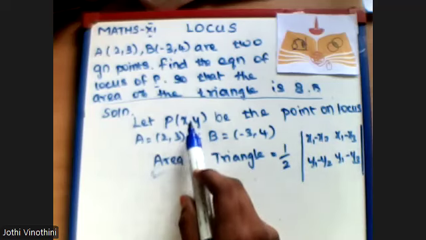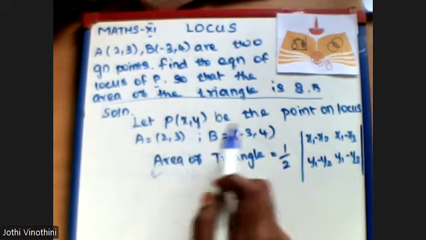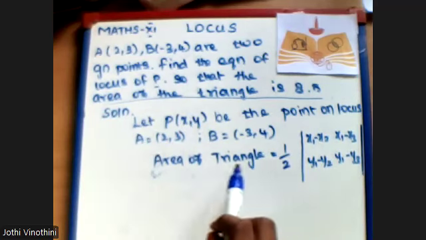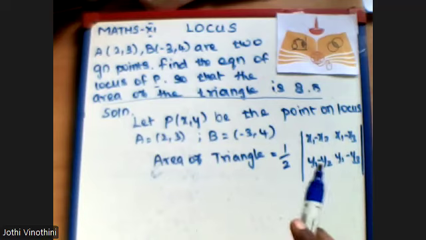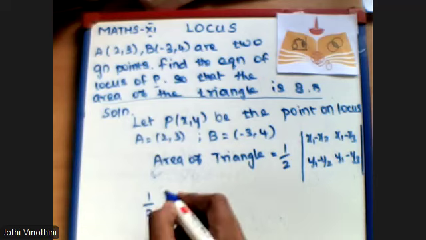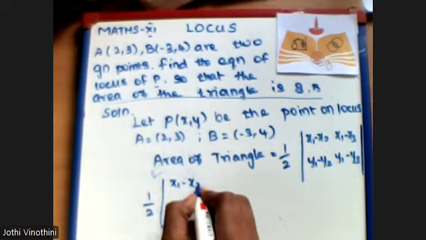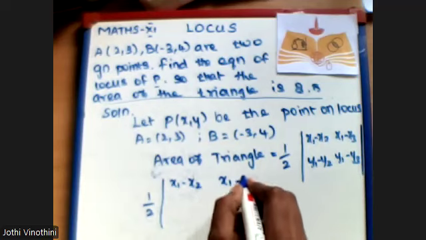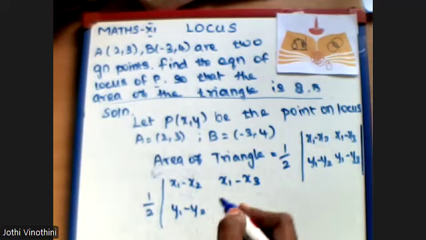We have x1, y1, x2, y2, x3, y3. So we have three vertices and we are going to use this formula, right? So I can rewrite it as half of x1 minus x2, again x1 minus x3, y1 minus y2, y1 minus y3.